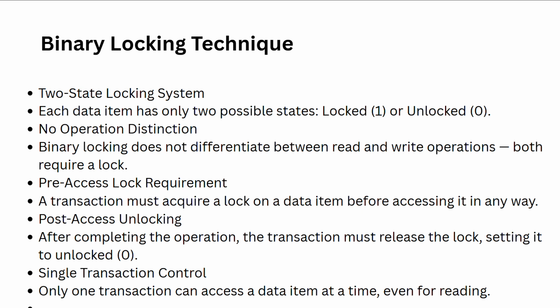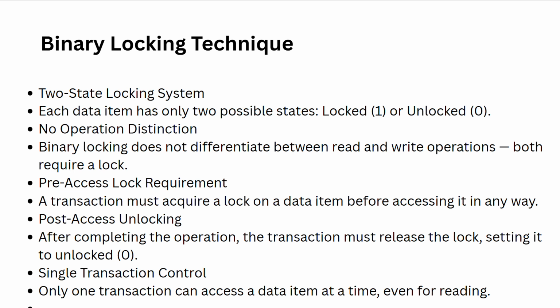The second point is no operation distinction. Binary locking does not differentiate between read and write operations. Both require a lock. Third one is pre-access lock requirement. A transaction must acquire a lock on a data item before accessing it in any way.